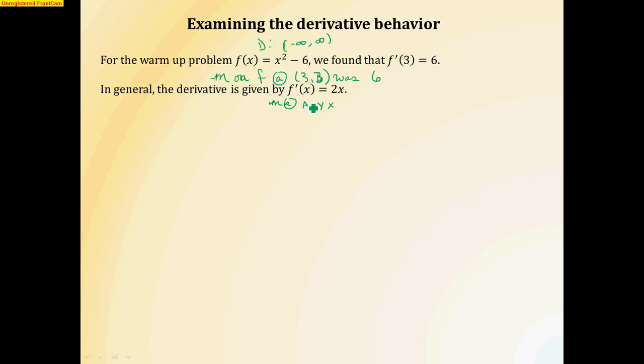The slope at any x on x squared minus 6 is 2 times the x coordinate. Notice the y coordinate doesn't matter. Just 2 times the x coordinate.